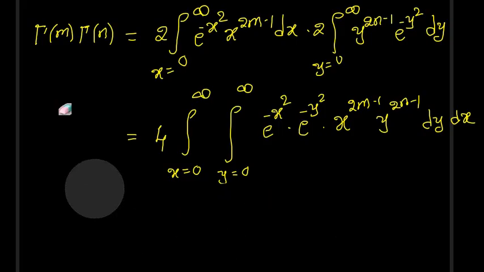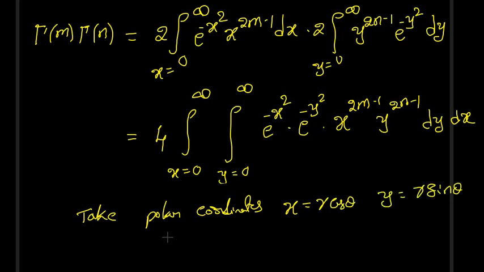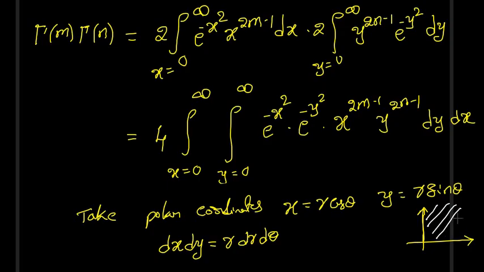Now I'd like to change to polar coordinates. They are nothing but x equals r cos theta and y equals r sin theta. So dx dy becomes the Jacobian times dr d theta, where the Jacobian is r, so r dr d theta. If you observe the limits here, x is from 0 to infinity and y is from 0 to infinity, so the region essentially represents the first quadrant.